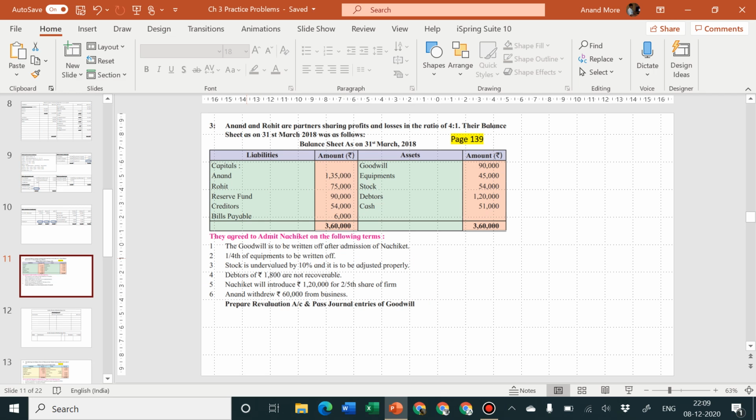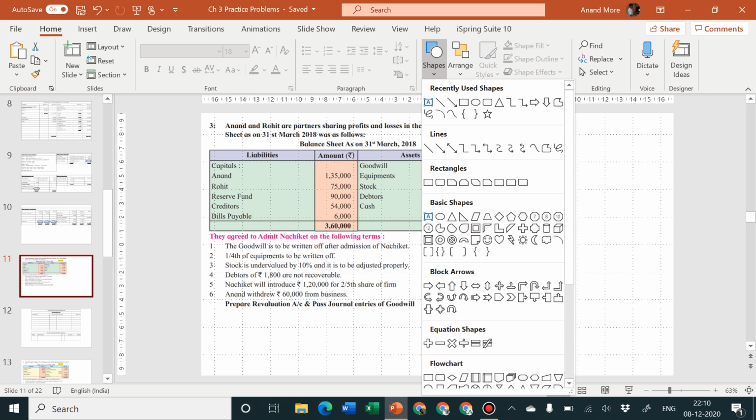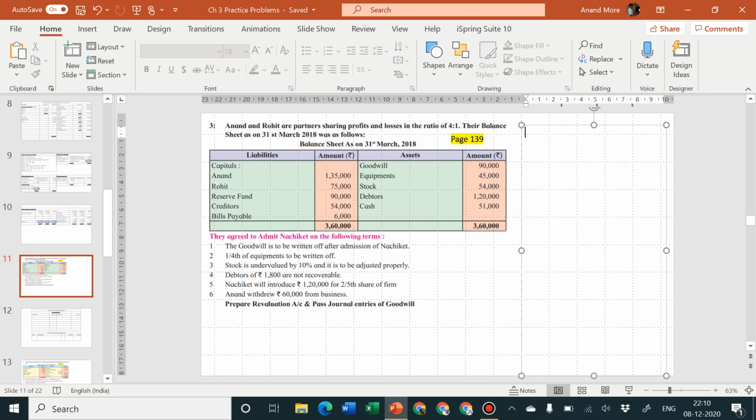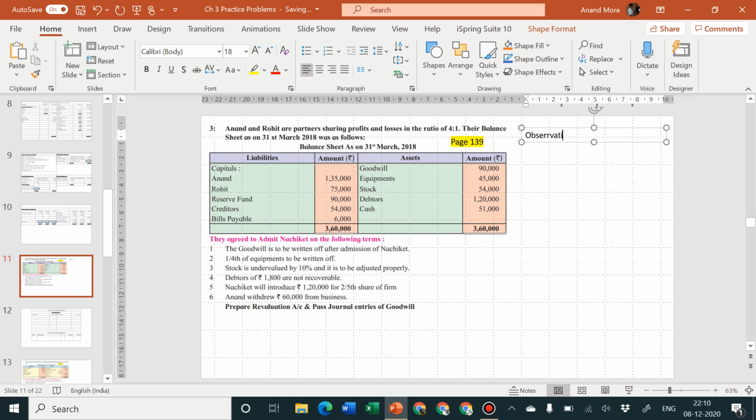Let me write down this observation. Observations. Old partners' PSR is 4:1. Nachiket is admitted for 2/5 share.